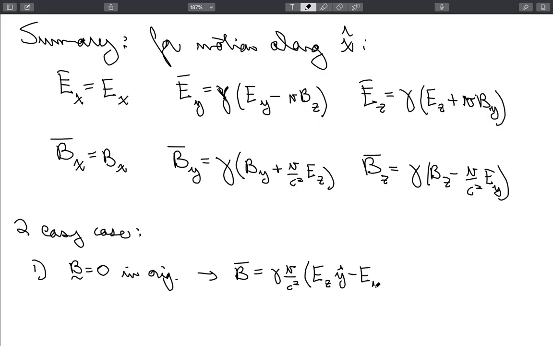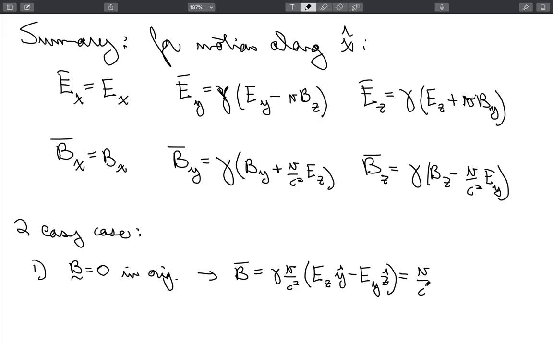Minus E_y along z. Because of the relationship between the fields, I can reabsorb this factor of gamma.